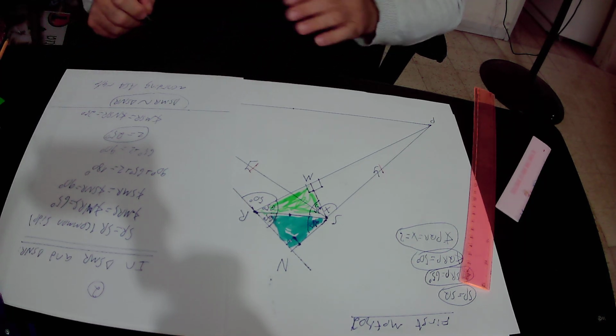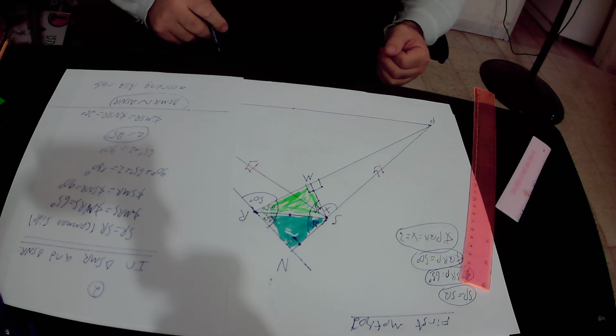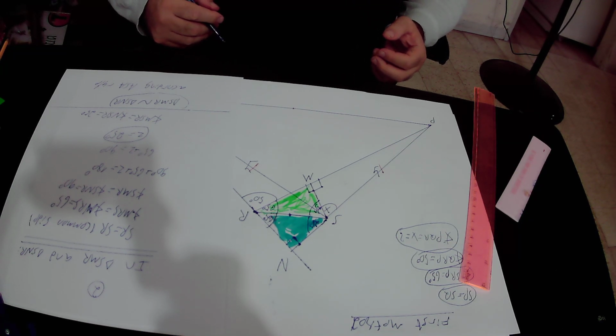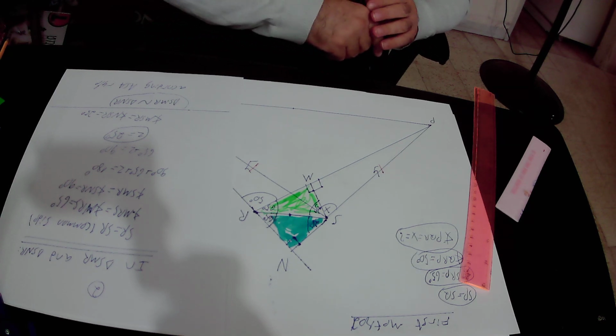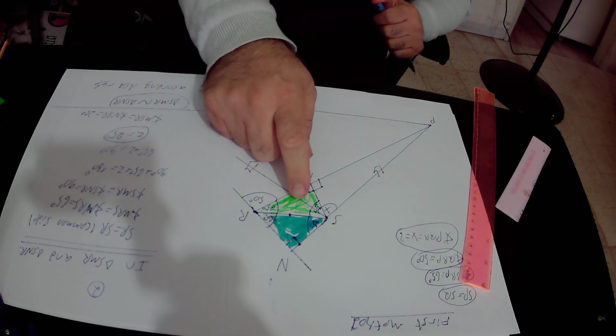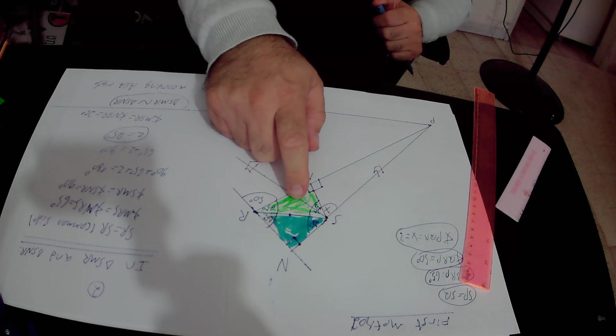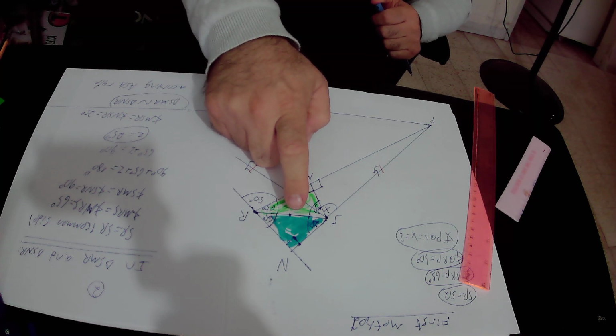Okay, actually we proved more than we need to prove, because we actually proved that all the three angles of the green triangle can go into all the three angles of the blue triangle.